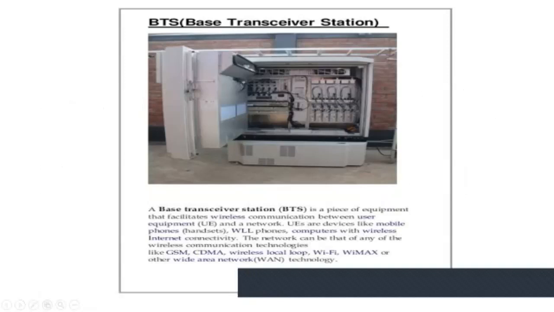This is the diagram of the base transceiver system. A base transceiver system is a piece of equipment that facilitates wireless communication between user equipment and the network. Look how huge it looks. Mobile phone users are simply unaware of the underlying technologies being used beneath.